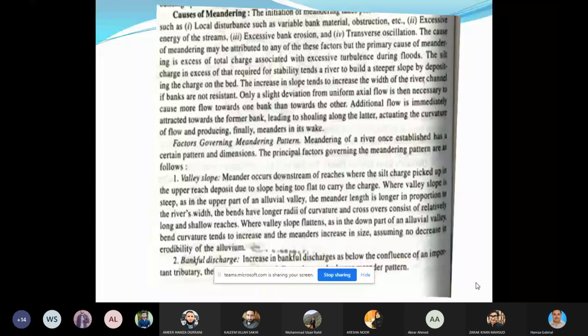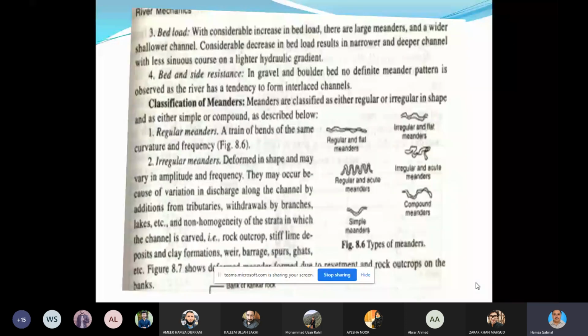Then the meandering pattern also depends on the bank full discharge. The more the bank full discharge, that is, the more the discharge, the more visible or prominent the meandering pattern will be. Another factor responsible for the meandering pattern is the bed load. An increase in bed load means there will be large meanders and a wider, shallow channel.